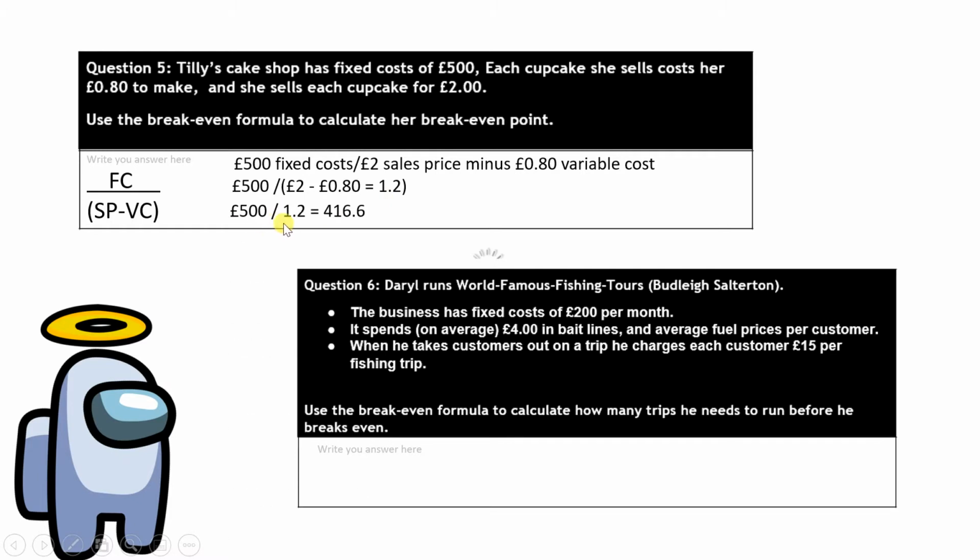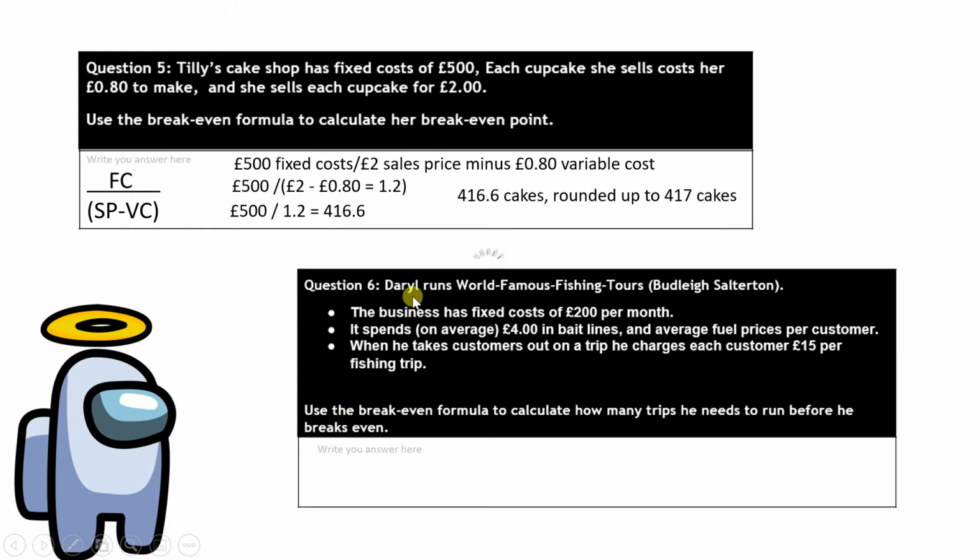Then we've got 500 divided by the £1.20, and that gives us 416.6. The final answer is 416.6 cakes is the break-even point, but you don't get 0.6 of a cake, so you round up to 417. But remember, you should always put the decimal place in as well.